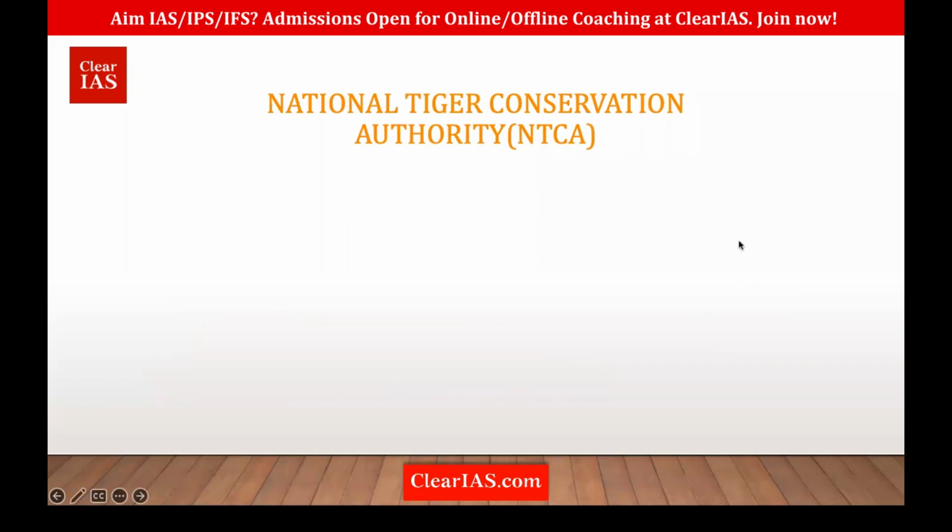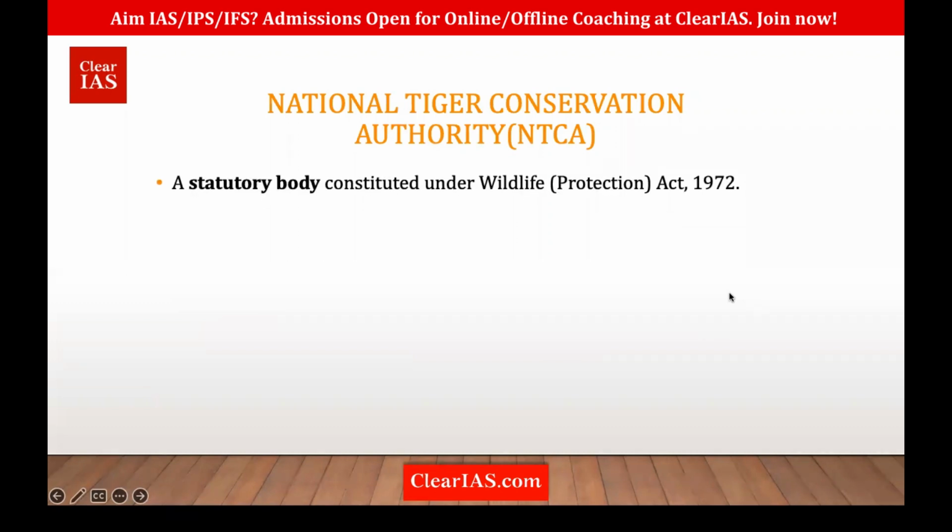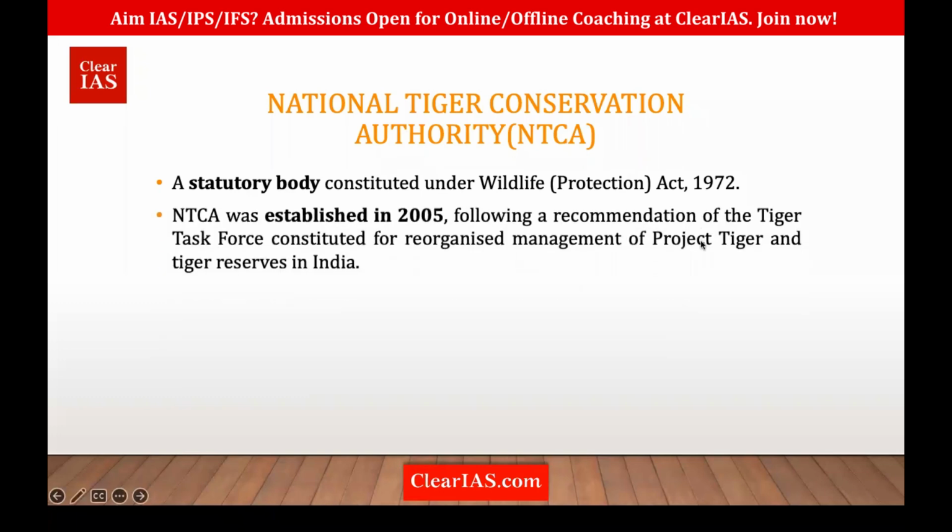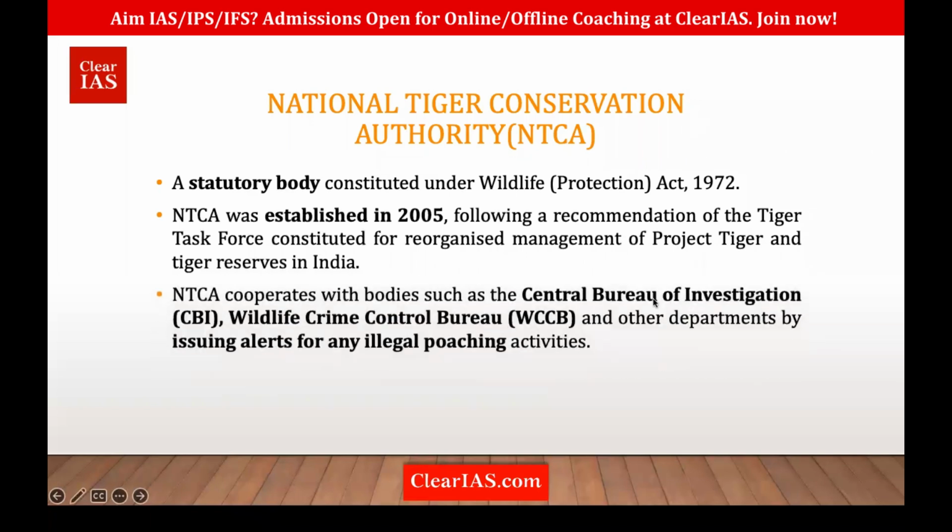Okay, then we have the National Tiger Conservation Authority. So I've already told you they ask to declare the tiger reserves in the country, and you must know that this is also a statutory body. Whatever bodies under the Wildlife Protection Act are statutory bodies, and it was first established in 2005 as part of Project Tiger.